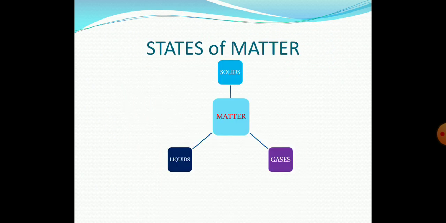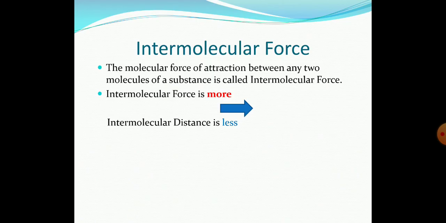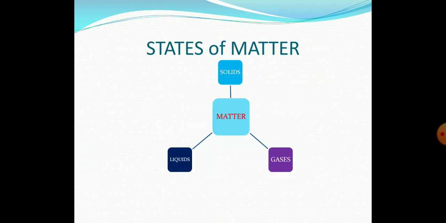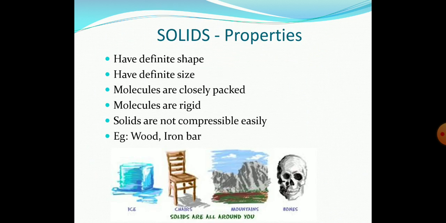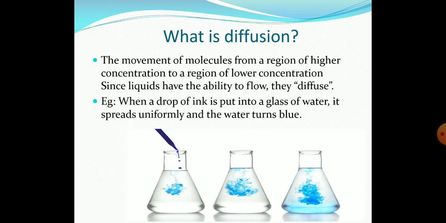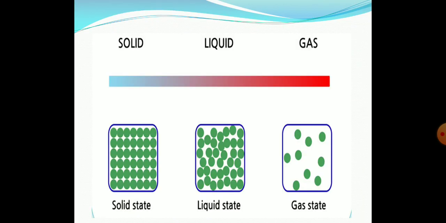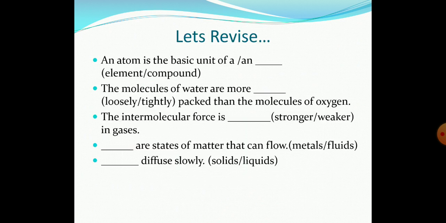Then what are the three states of matter? Before that we have to see the intermolecular force. Then we saw the states of matter. So you have to go through all this slowly again. This is like revision, and then you have to do the homework and submit it to my individual WhatsApp number.